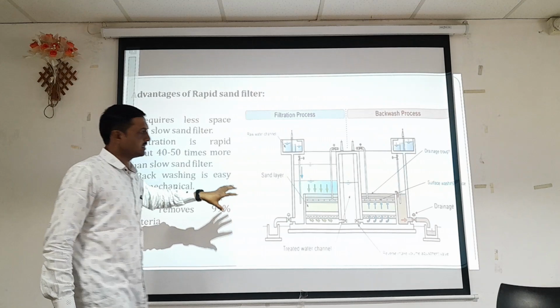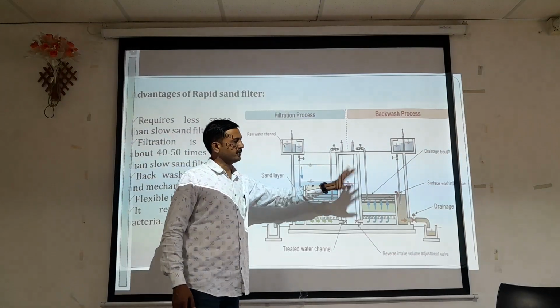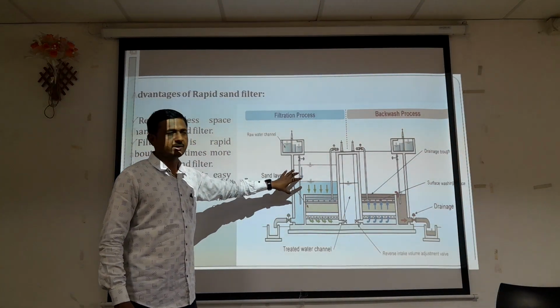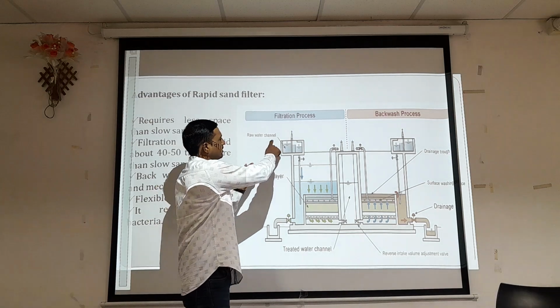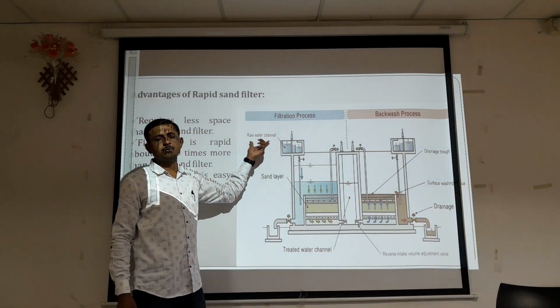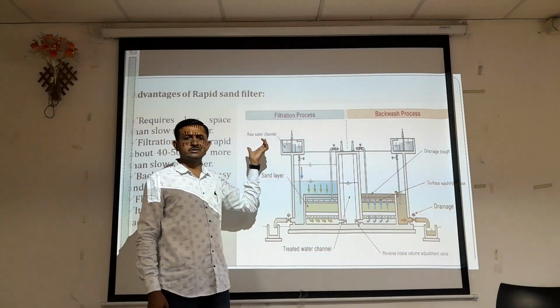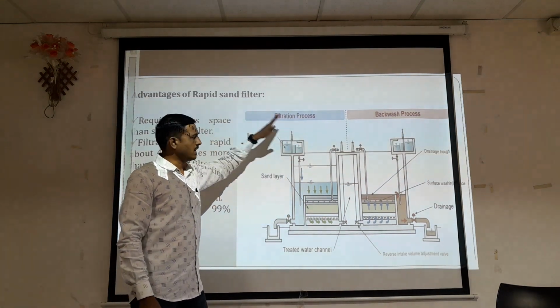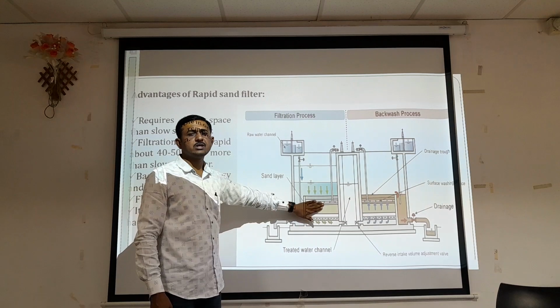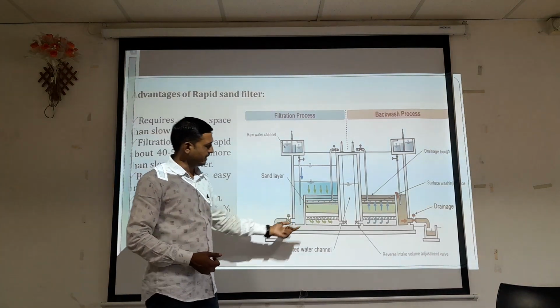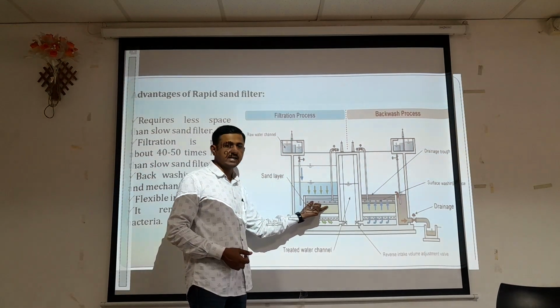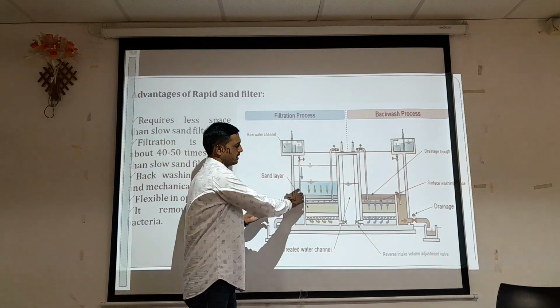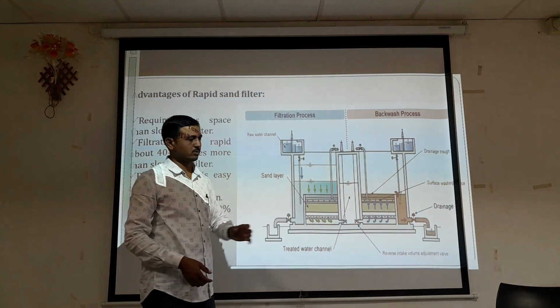In this diagram, you can see a rapid sand filter. Here is the raw water after alum treatment, flocculation and sedimentation. That water is transferred to a sedimentation tank, and after that to the rapid sand filter. Here the proper gravel and sand bed are placed so that proper filtration of the water is carried out.